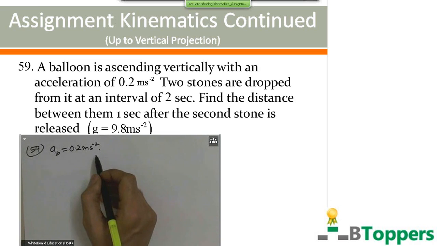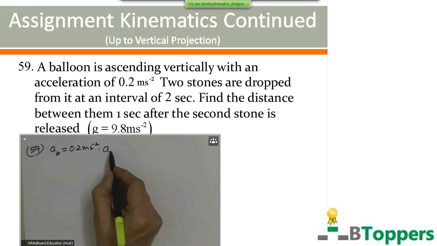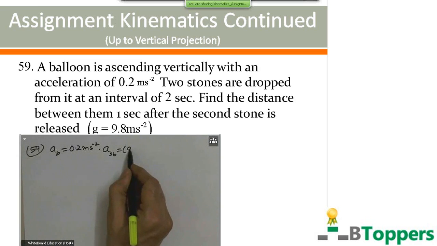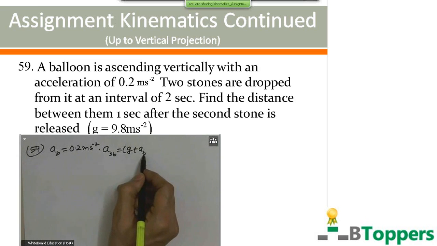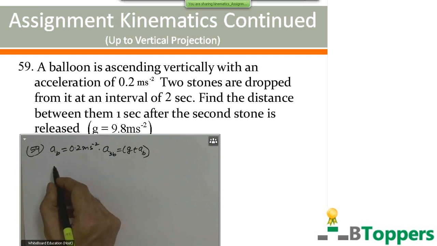So once the stone is left from the balloon, it moves under the influence of gravity. So the magnitude of the acceleration of the stone with respect to the balloon is equal to g plus a_B, as I discussed in one of the special cases earlier.